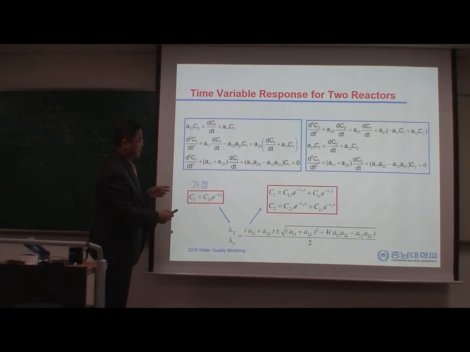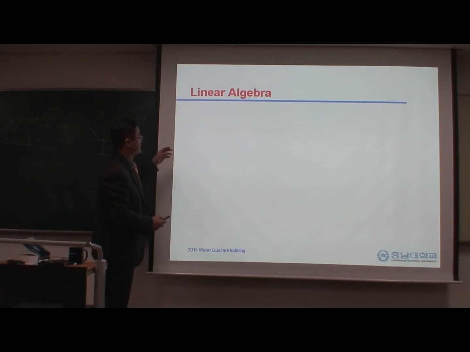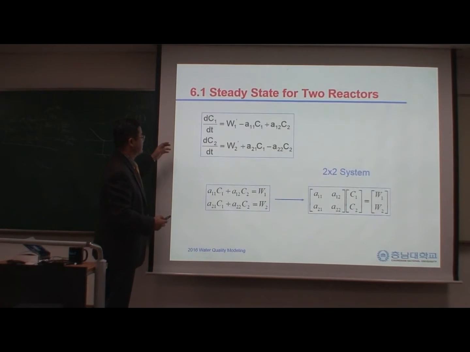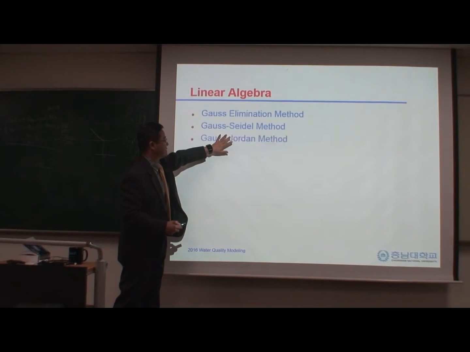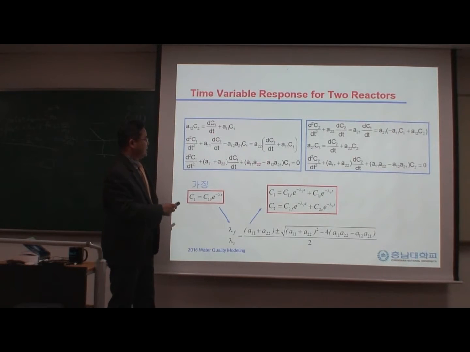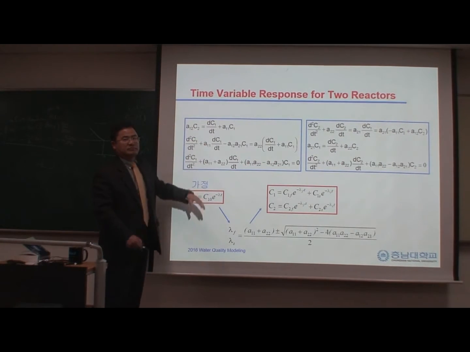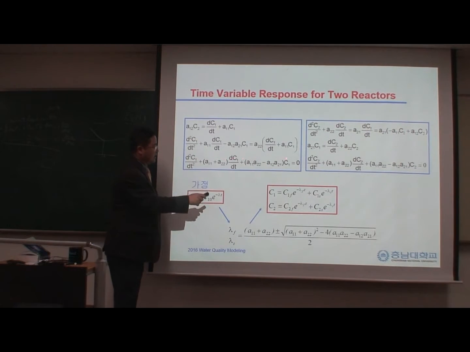Sorry about this procedure. Here, we have DC1 and DC2. And eventually, we simplify or homogenize the equation in the form of a function of C1 only.